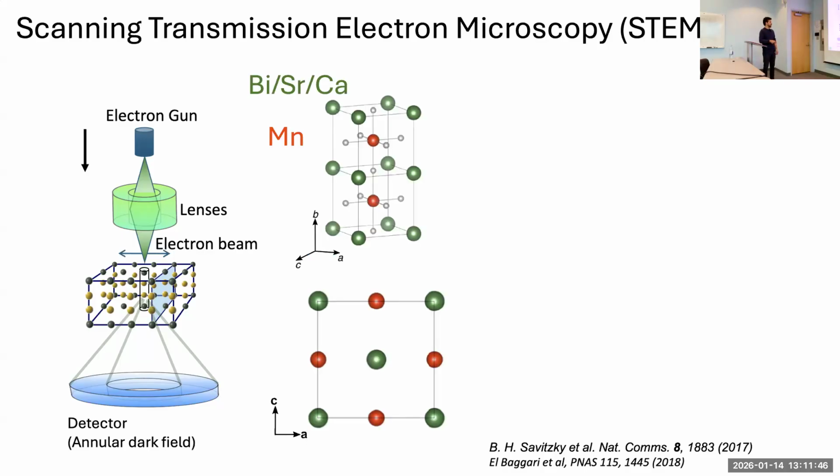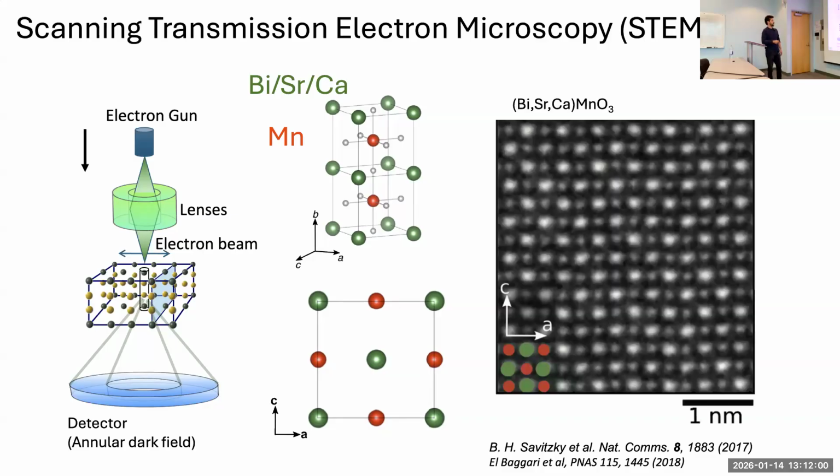What's beautiful about this technique is that it has very nicely interpretable contrast. If I take a crystal structure like this bismuth, strontium, calcium manganite perovskite lattice, look at it from a high symmetry orientation, and take an image with STEM, where I form the image by scanning across the sample, I get a really nicely resolved image, with bright dots representing the bismuth, strontium, calcium atomic columns, and darker dots representing the manganese.